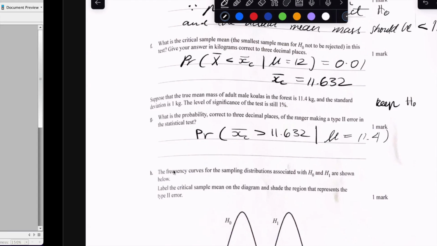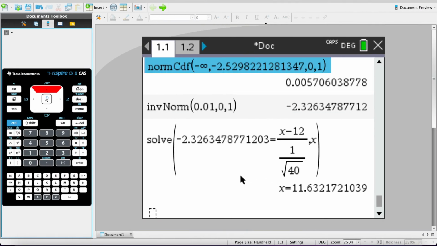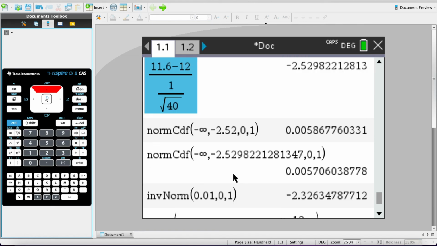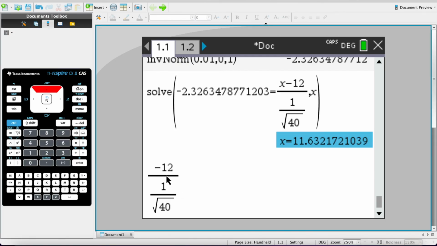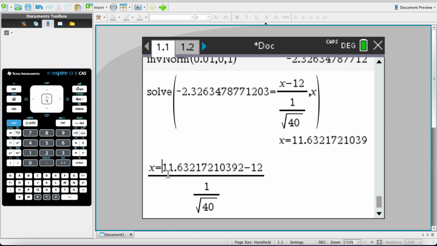So again, we're going to go to the CAS and we are going to use this same thing here, but instead of 11.6, we're using this value here. And the actual true mean is 11.4. And standard deviation is 1, so everything is the same.